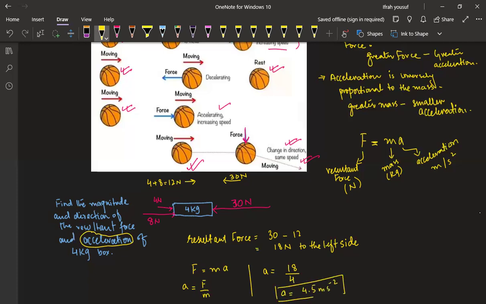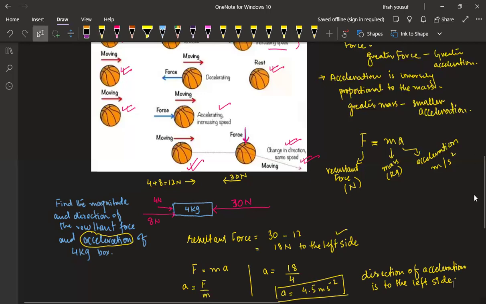Is this clear now? So we have developed this concept. And the direction of acceleration is towards the left, along the direction of the force.